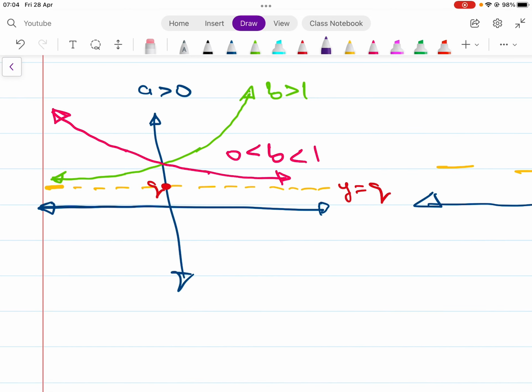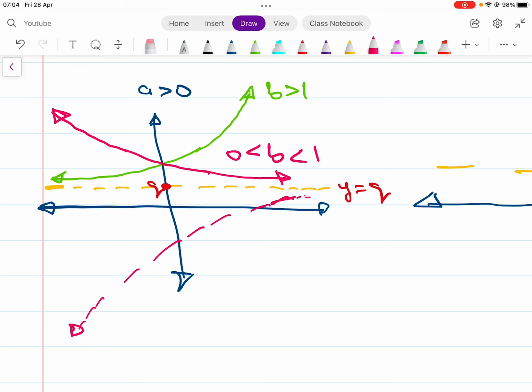I think that would be better. So for b still being between 0 and 1, and then the a just happens to be less than 0, this is going to be that pink one.